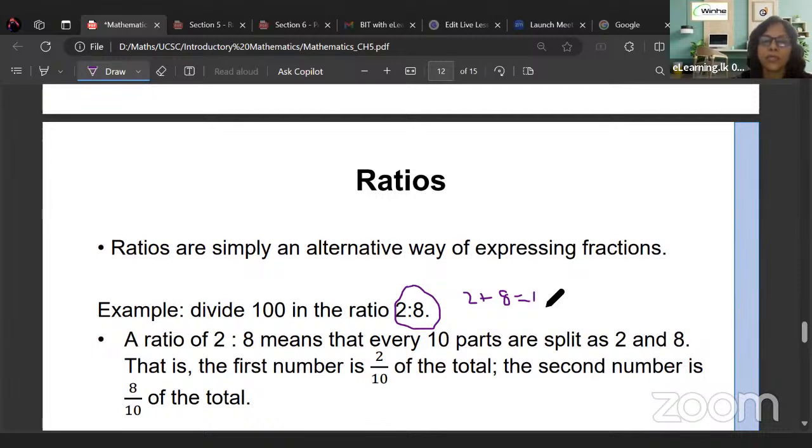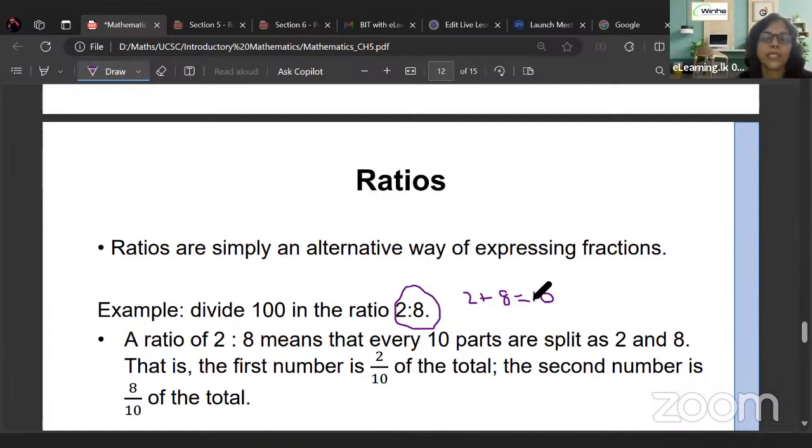When we add the values in the ratio, the result becomes the denominator. If we write both parts as fractions, the sum of the ratio values is the denominator. Here, taking 2 and 8, 2 plus 8 is 10. 2 can be written as 2 out of 10, or 2 divided by 10. 8 can be written as 8 divided by 10. Now you know the fraction.